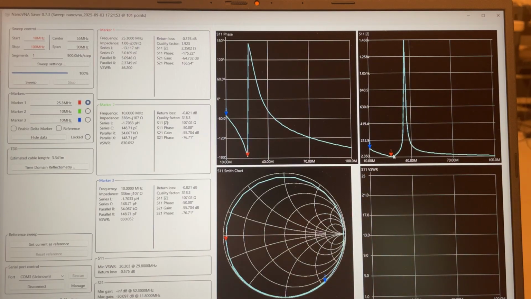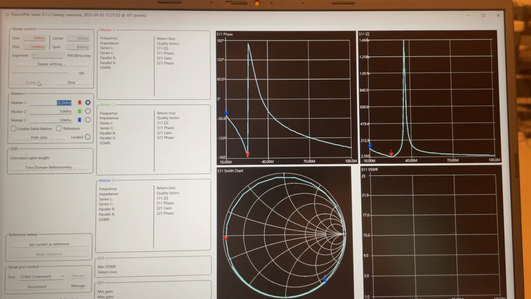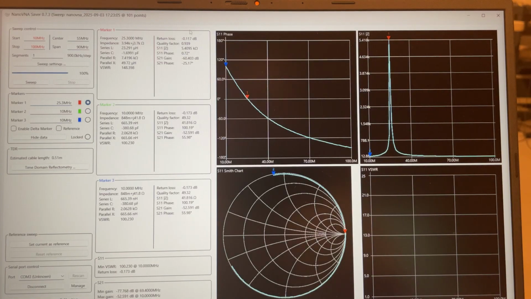Then if I go ahead and short the output, the input side, the NanoVNA side, should look like an open. So let's sweep that. And yes, we've got the output side, the load side, shorted, so the input side looks like an open.